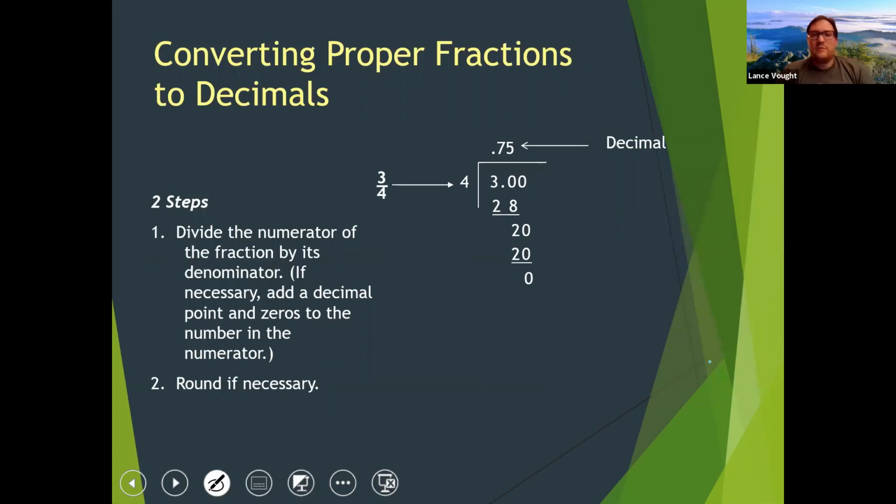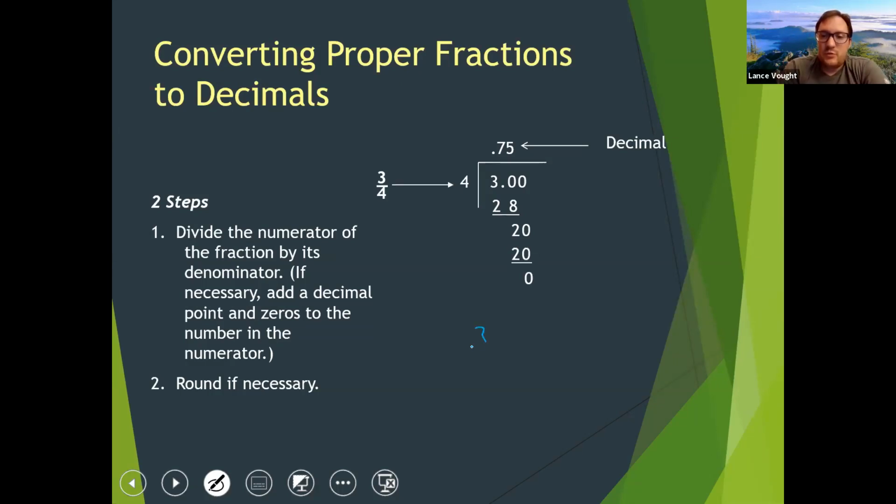Now, if we want to convert a fraction to a decimal and it's not divisible by 10, 100, 1,000, or anything that's base 10 in the denominator, if it's base 10 in the denominator, then it's easy. But if it's not base 10 in the denominator, like 3/4, then we just have to use good old-fashioned long division.